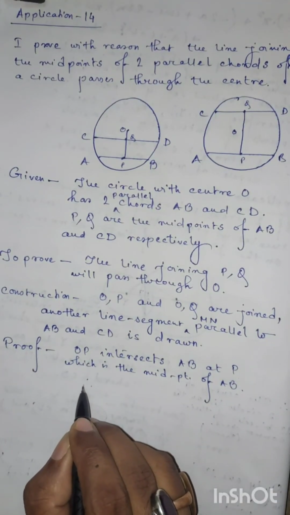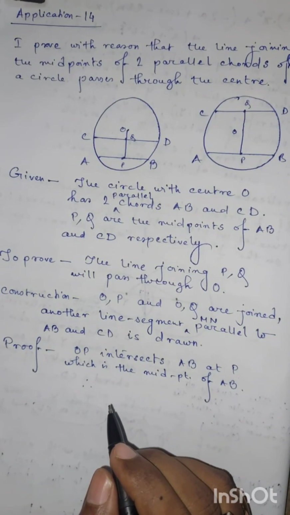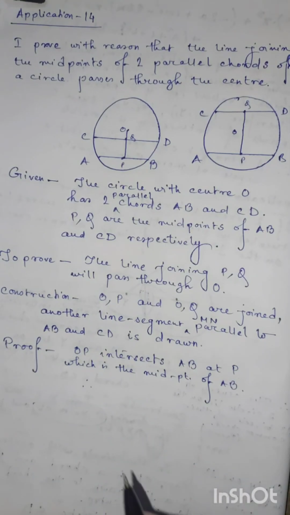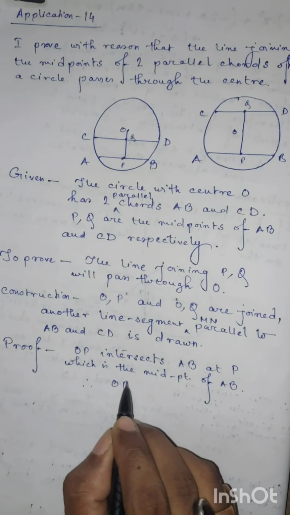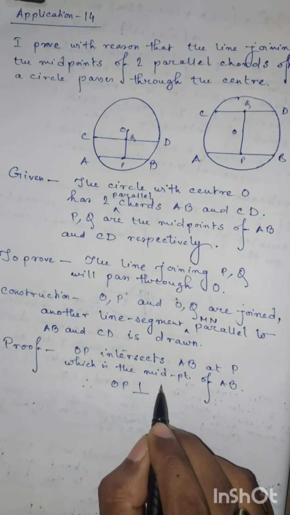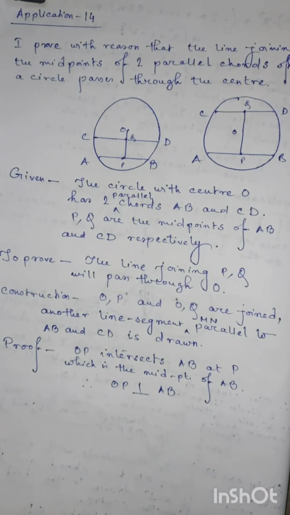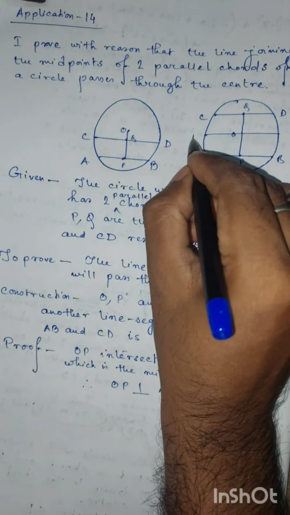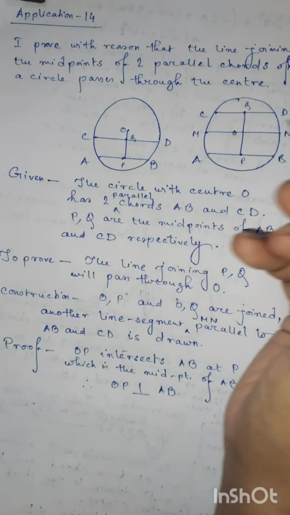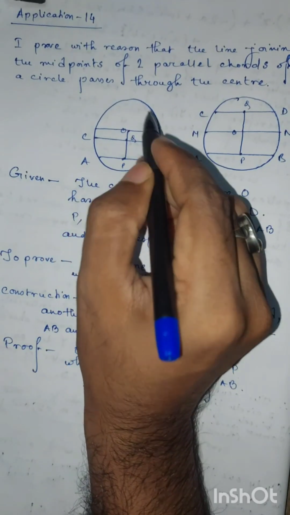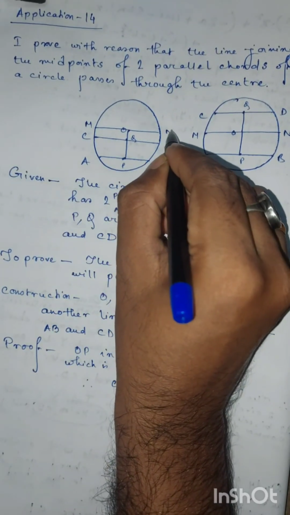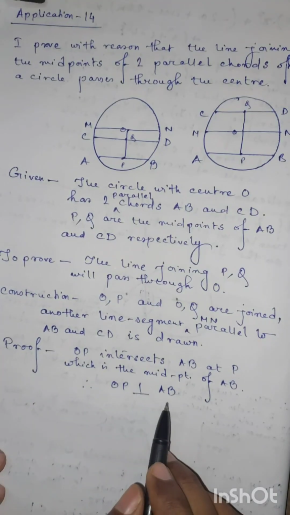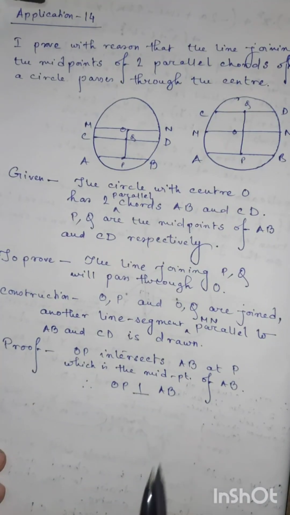Therefore, OP must be perpendicular to AB. So this is our line MN, by construction. Okay, proof. So OP must be perpendicular to AB.